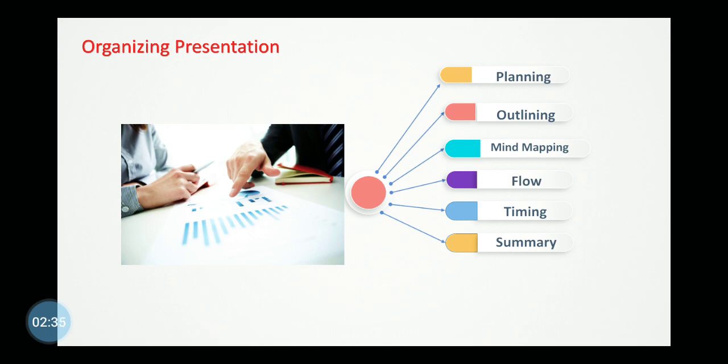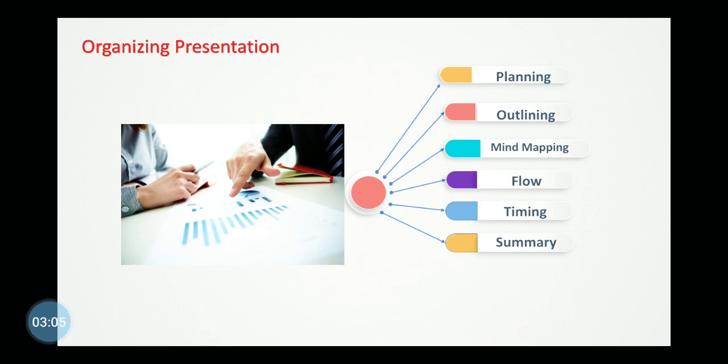Means it is very necessary for us to plan our presentation in order to make it effective. After planning, we should decide the outline of our presentation. So every presentation should have 3 parts: introduction, body, and conclusion.